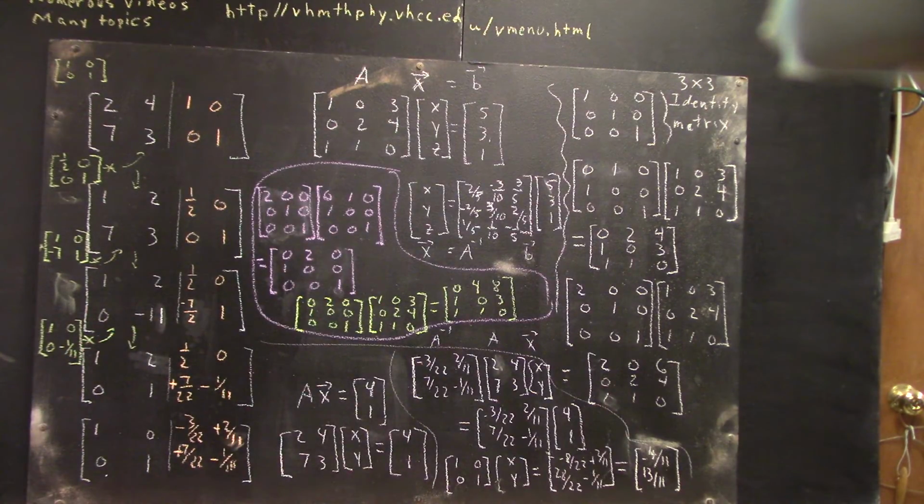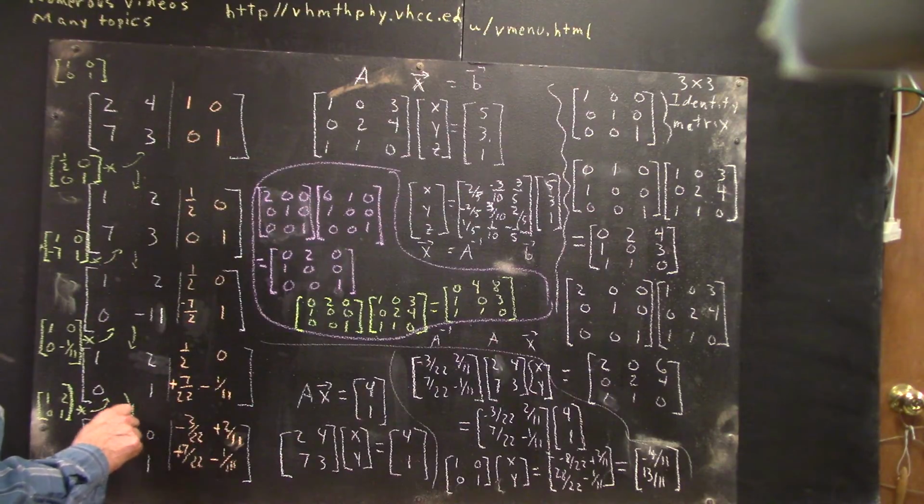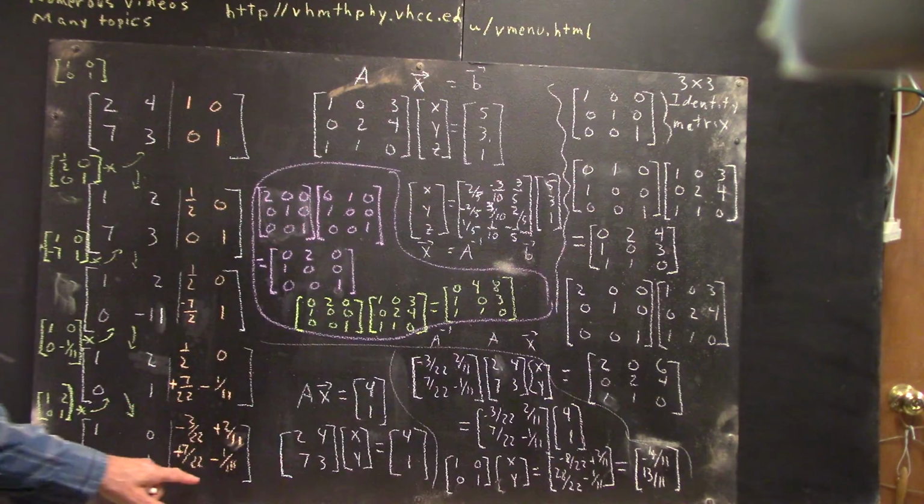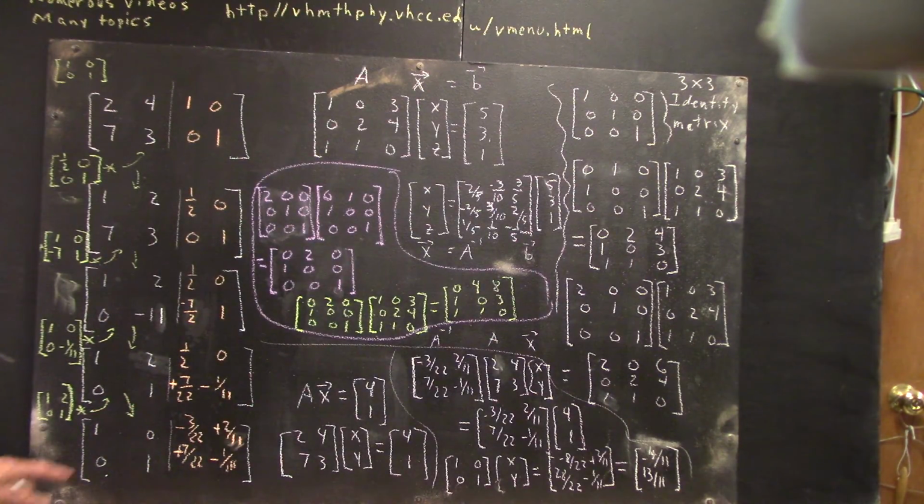And then finally, I get rid of this 2 by adding -2 times the second row to the first. Well, -2 times the second row gives me 0 2. Adding that to the first gives me 1 2. Yep. And there's my inverse matrix. I've got my identity here, my inverse here.